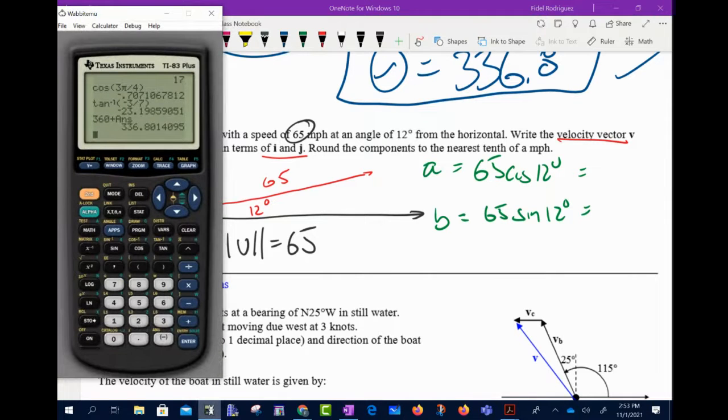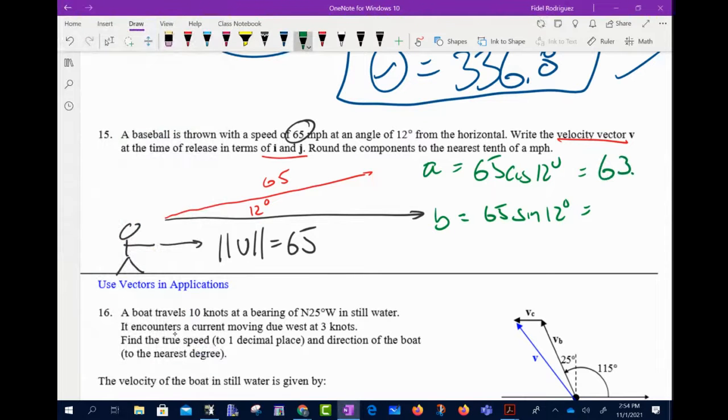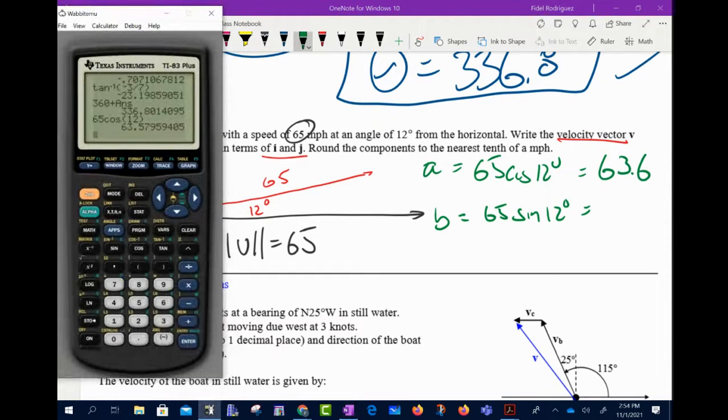Excuse me, I'm going to grab my calculator. I'm still in degree mode, so I'm going to go 65 cosine of 12 degrees. It's telling me to go to the nearest tenth. So 63.57, would you say that's 63.6? And then let's do the same thing with the sine to find the b component. 65 sine of 12 degrees, and 13.5.